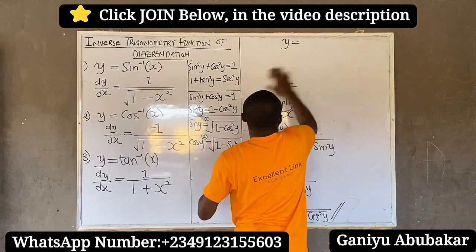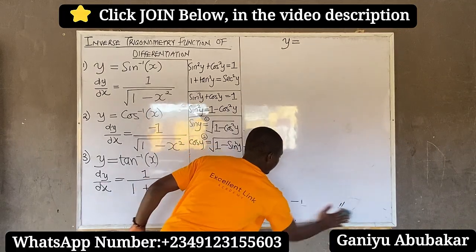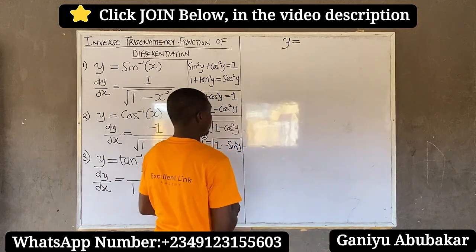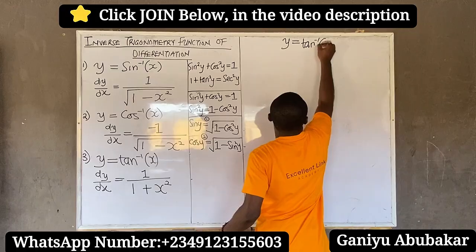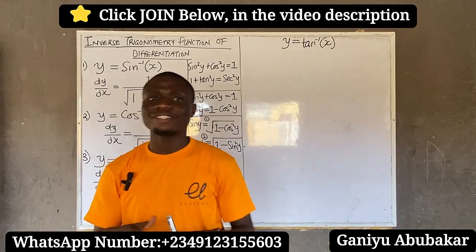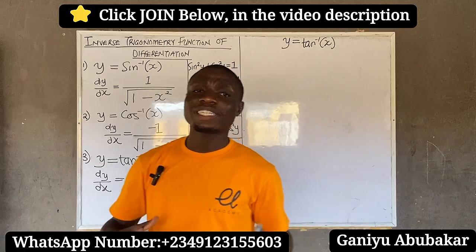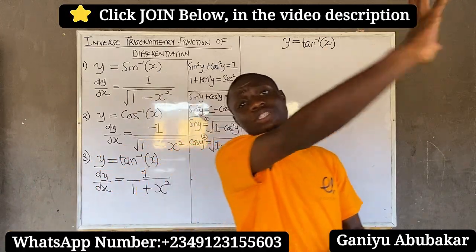Alright, given that y is equal to tan inverse of x, apply the same procedure. Math is not really that hard. If you can understand the foundation, apply what you have learned in the foundation to higher concepts.